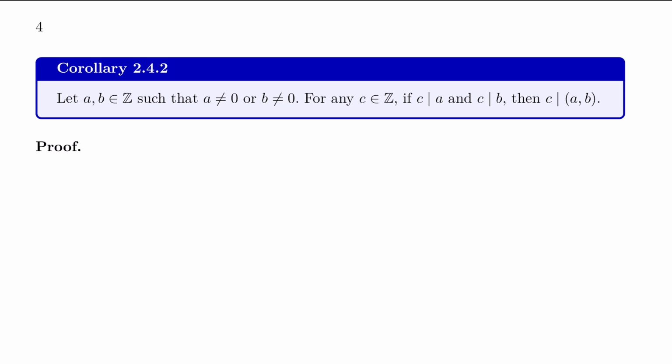Okay, so we're going to let a and b be integers such that a is not 0 or b is not 0. And I will let c be an integer.